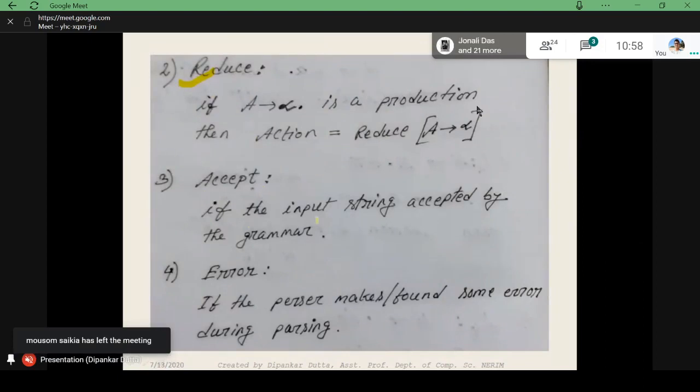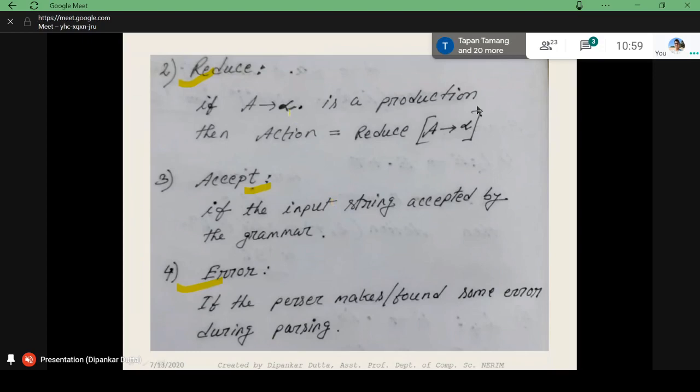If the input string is accepted by the grammar, then the action will be accept. And in case of error, if the parser finds some error during parsing, then the action will be known as error. Okay? So these are the 4 different actions available in SLR parsers: shift, reduce, accept, and error.